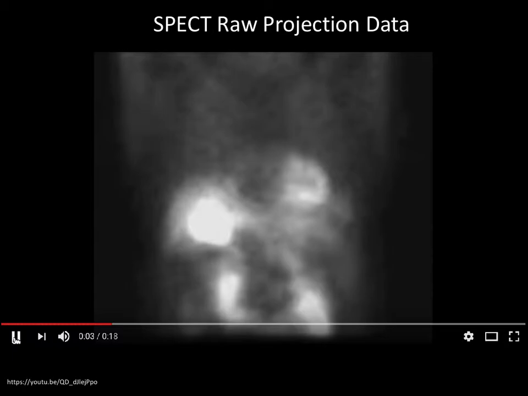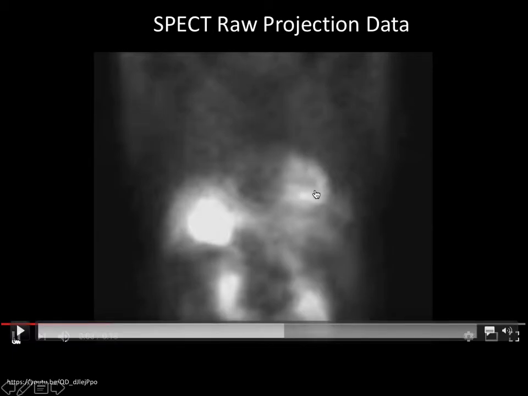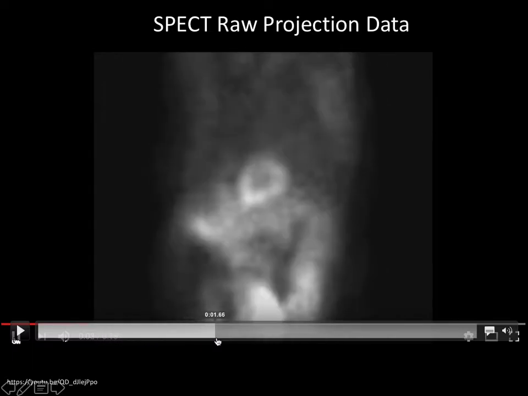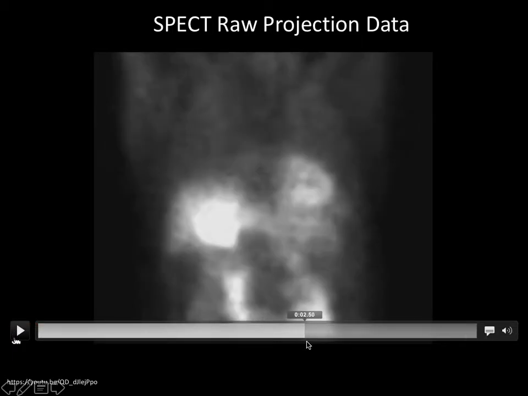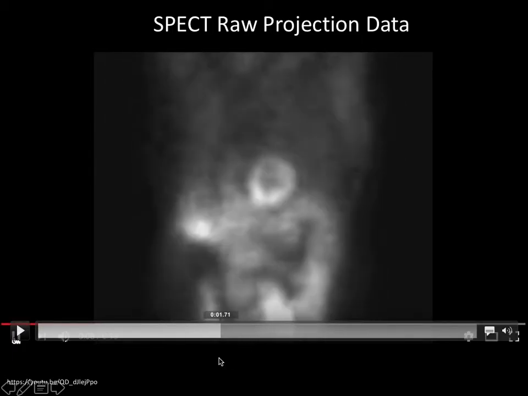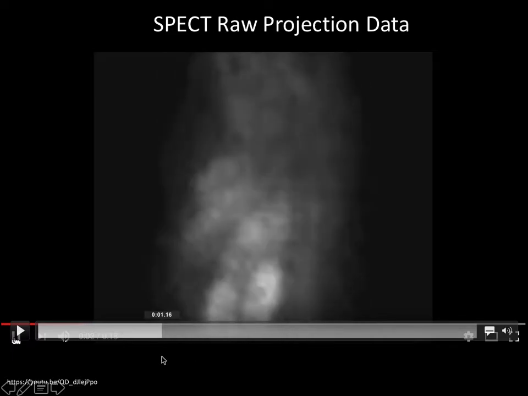Our application is, in this organ, as a function of position in that organ, what is the brightness? And so we do care about spatial resolution. We do want to be able to detect whether or not there's brightness in the septum versus the anterior wall versus the posterior wall, etc. So that's why you go through the trouble of looking at it from different angles, and then putting together a three-dimensional picture that gives you the relative brightness as a function of position in the heart.